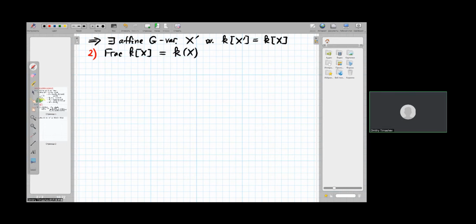Actually, we have already proved a similar statement when we constructed a simple spherical variety from a colored cone. Here, the idea of the proof is the same. Actually, the proof is more or less the same, but let me recall it for you because it was some time ago.